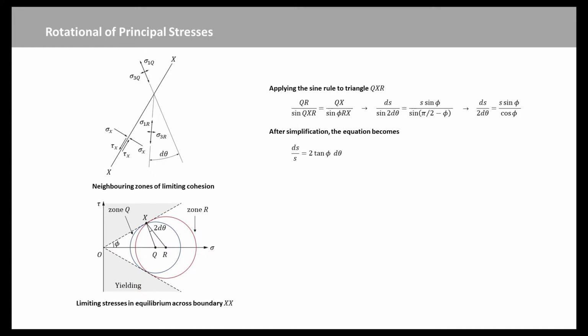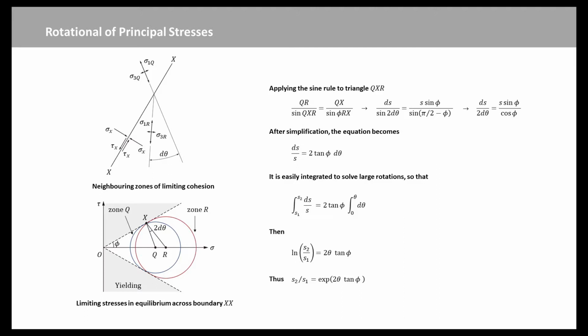Applying the sine rule to triangle QXR, we can simplify the expression and obtain ds over s equal to 2 times tangent phi times d theta. This can be easily integrated between two regions 2 and 1, between which a large rotation theta occurs in the principal stress direction, all the intervening states being tangential to the friction line.